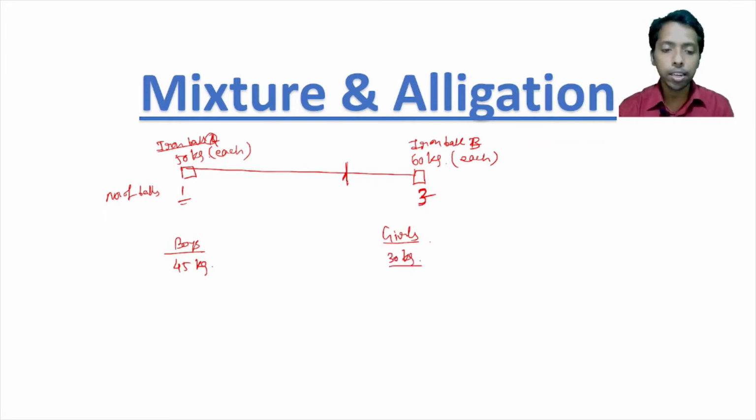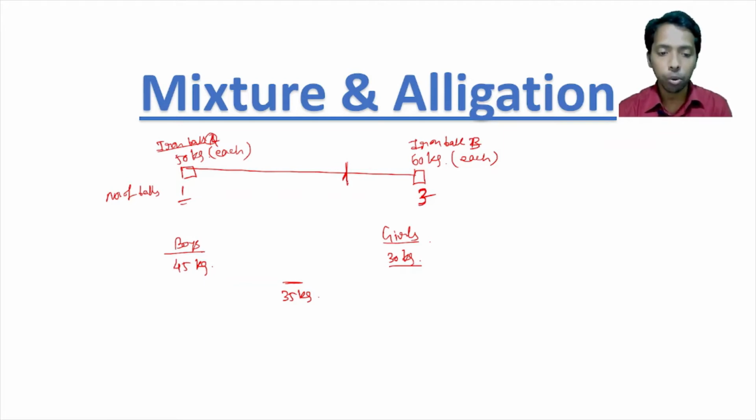Now the average weight in the middle is 35 kg. Can you tell me the ratio of the number of boys and girls in the class? I am not asking for the exact number, but the ratio we can easily find out. How? See, this is 35 kg, this is 30 kg. So the number of girls should obviously be more. Why?